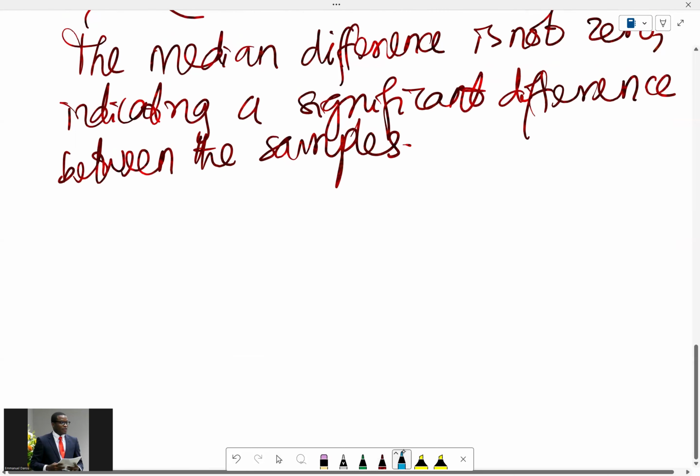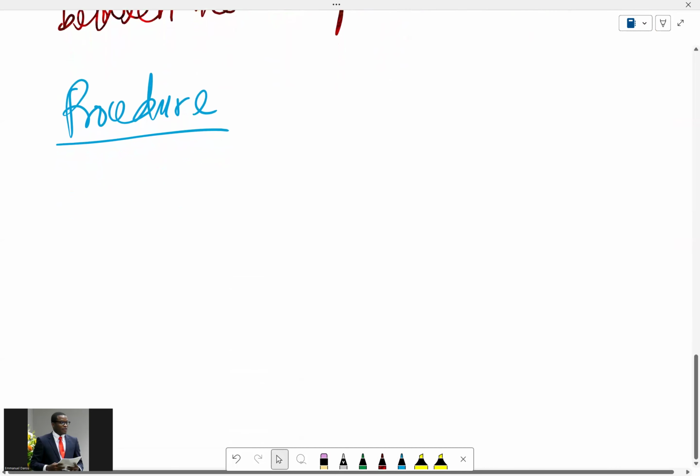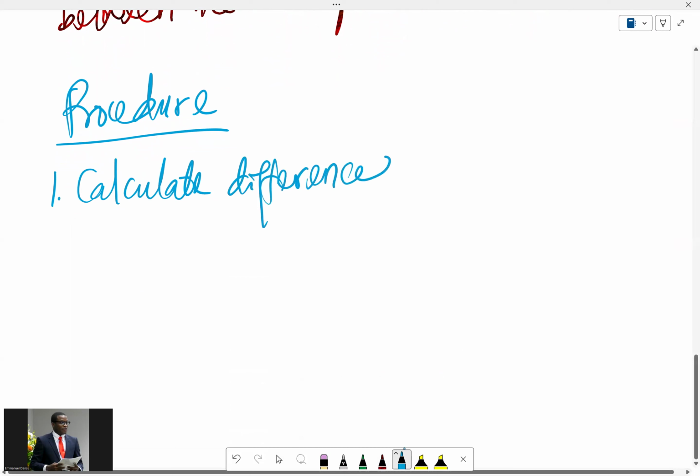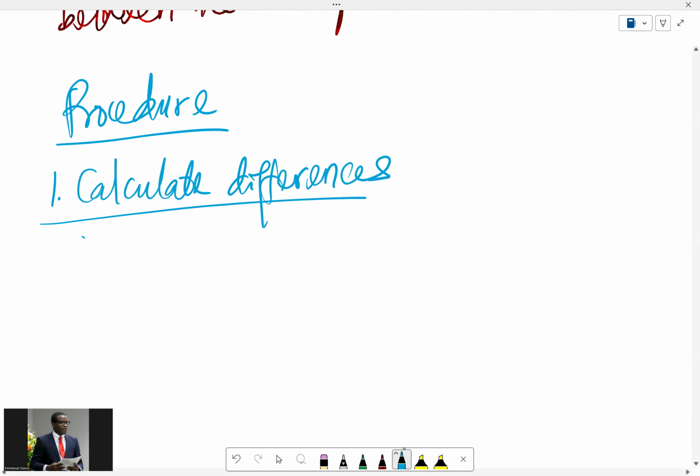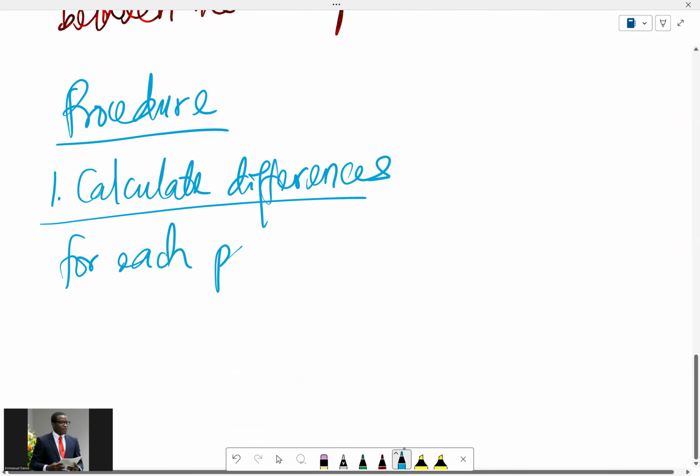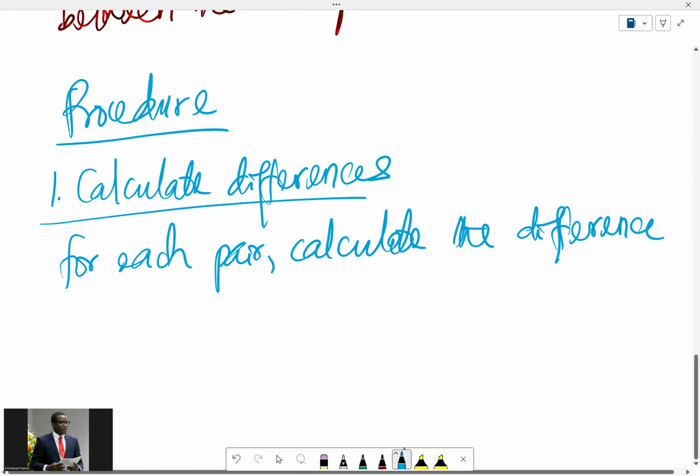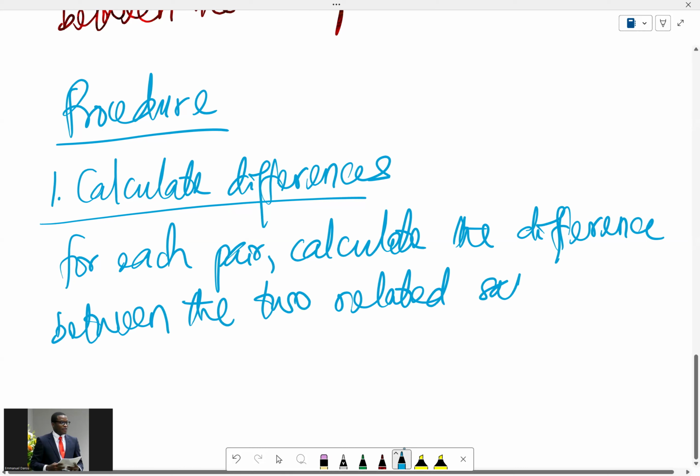Okay. Now let's talk about the procedure for the Wilcoxon Signed-Rank Test. First thing is you calculate differences. For each pair, calculate the difference between the two related samples.